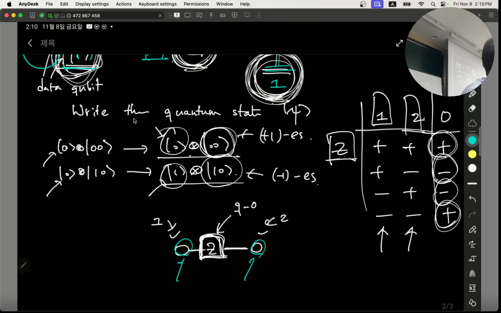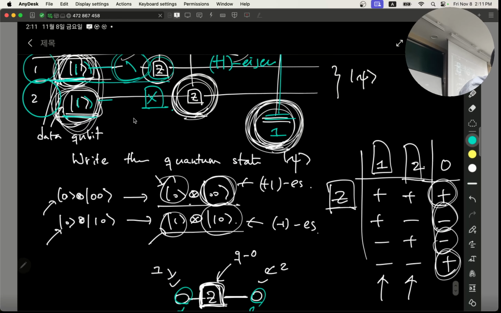So there is also a limitation here. What if the X error occurred at both data qubits? Then it changes the qubit state from the -1 eigenstate to the +1 eigenstate, right? So you don't detect a change on the readout of the ancilla qubit, the stabilizer qubit.